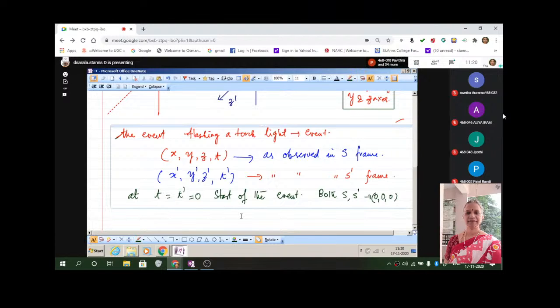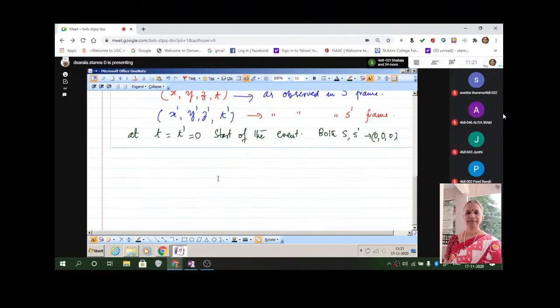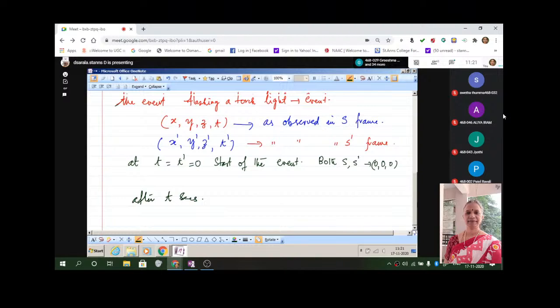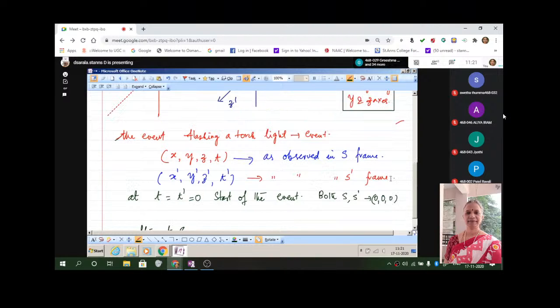After a time interval, let us say after t seconds, what is happening at t seconds?